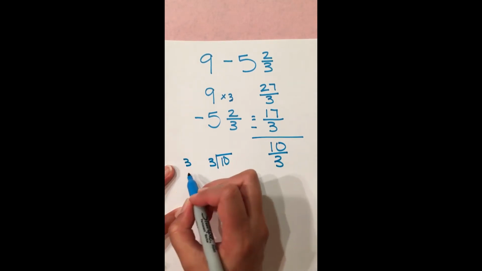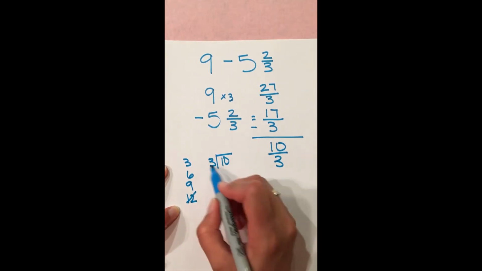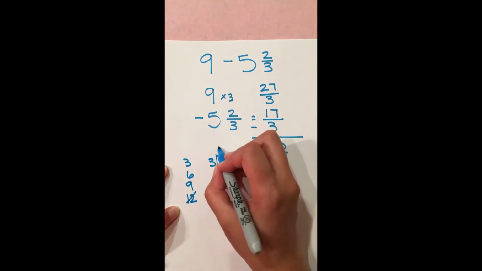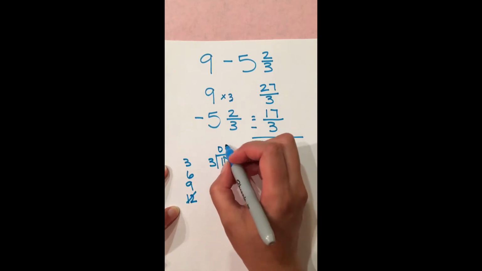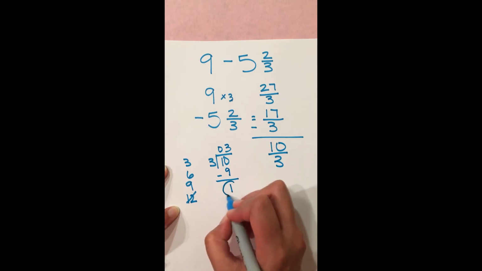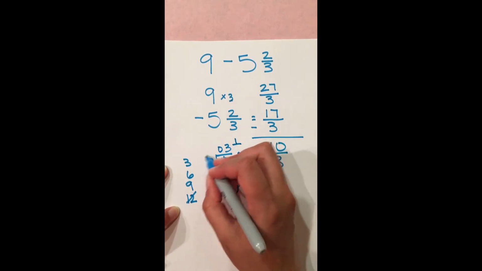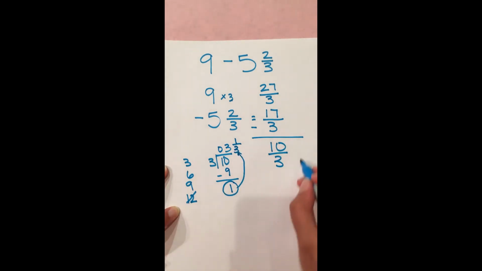And I go 3, 6, 9, 12, and I can stop there because 12 is bigger. 3 goes into 10 how many times? 3 times 3 is 9. 10 minus 9 is 1. Good remainder. That becomes our numerator, and 3 is our denominator. So this equals 3 1/3.